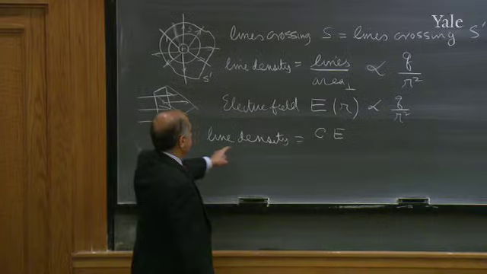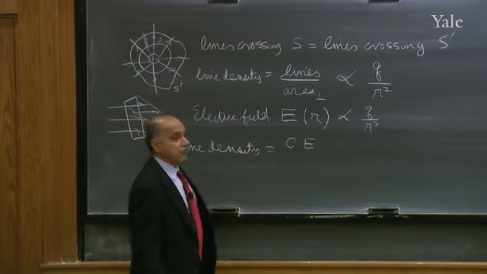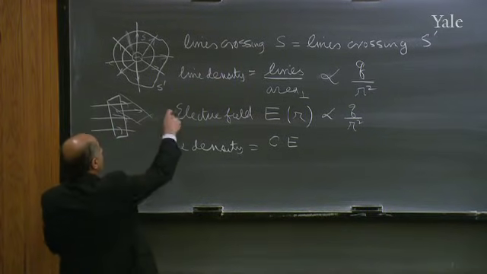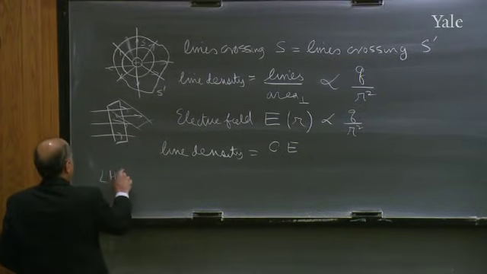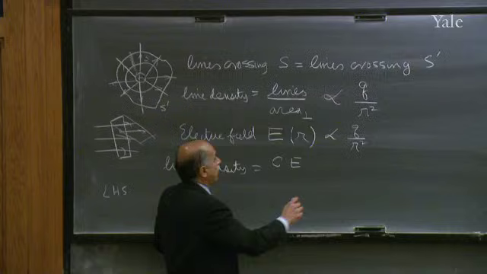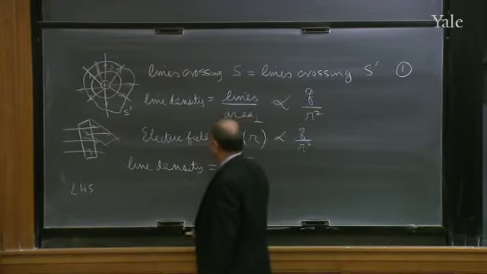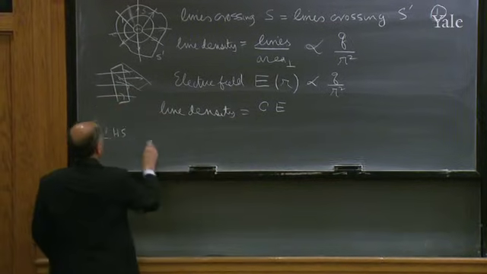So I've got this line density is proportional to electric field. Now I'm going to go back, and I'm going to calculate the left-hand side. Let's give this equation a number. Equation number 1. I'm going to calculate the left-hand side of 1.